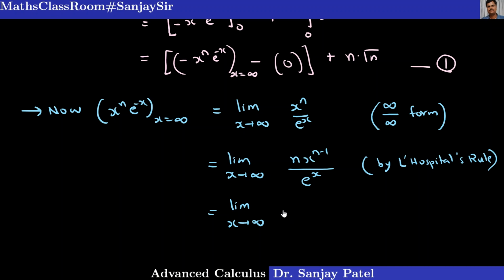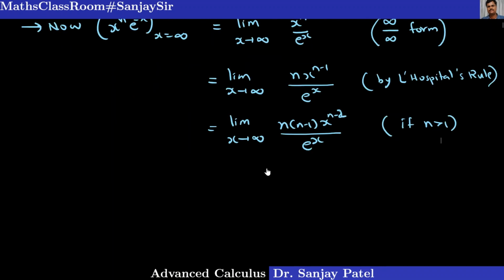So I can write this as n into n minus 1 into x raised to n minus 2, the derivative of x raised to n minus 1 is n minus 1 times x raised to n minus 2. Derivative of the denominator is e raised to x. Again, it is infinity upon infinity form if n is greater than 1. So again, I am applying L'Hospital's rule.